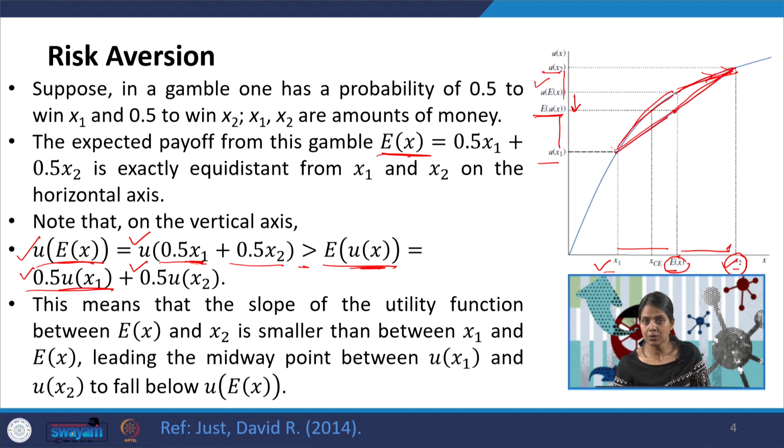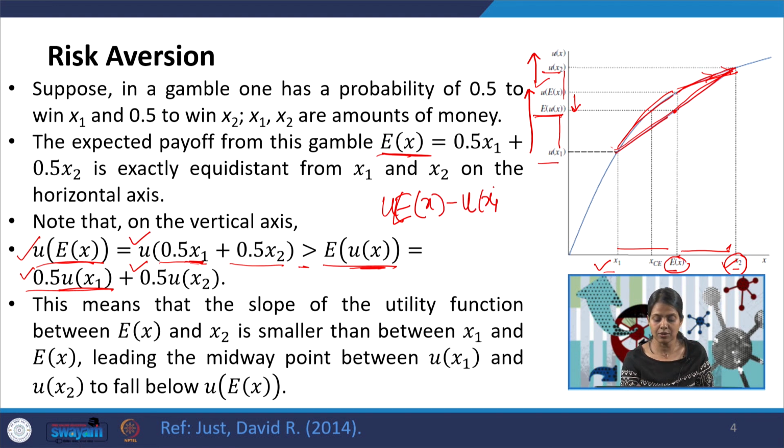This can alternatively be seen as a situation where the distance between U(x1) and U(Ex) is larger than the distance between U(Ex) and U(x2). What I am trying to say is that U(Ex) minus U(x1) is greater than U(x2) minus U(Ex).